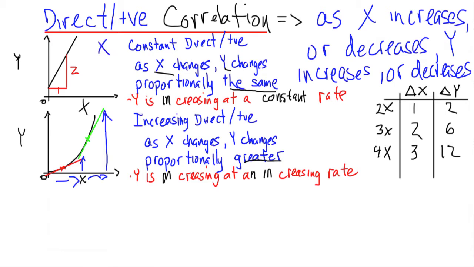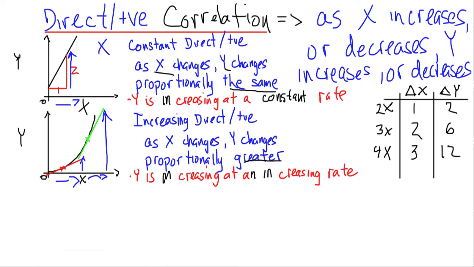Whereas in the constant direct correlation, as the independent variable increases, the dependent variable increases the same amount. So the curve remains the same flatness or steepness. And so, with the constant direct correlation, our curve remains the same steepness. With an increasing direct correlation, our curve gets steeper.